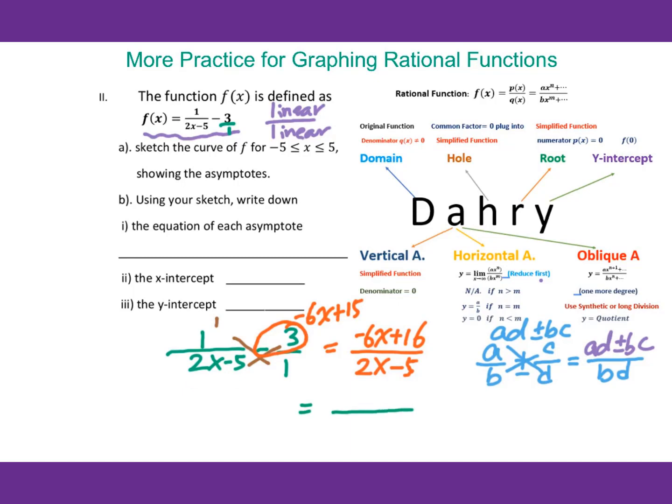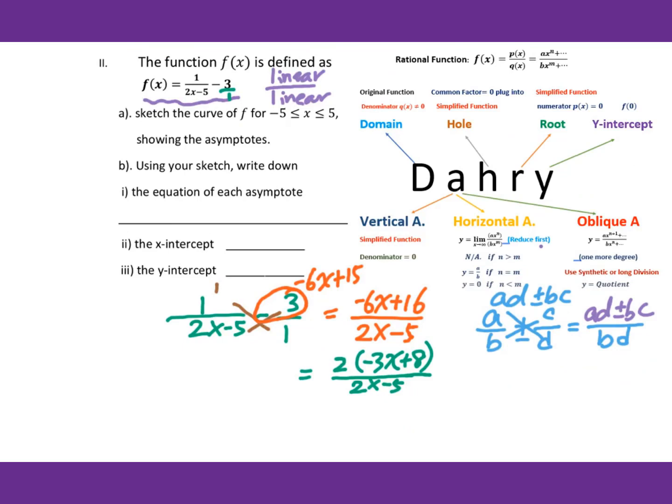So we get a common factor to the top, that is 2. Negative 3x plus 8. We don't want to sketch the graph first. We want to figure out the equation of the asymptote line using this diagram.